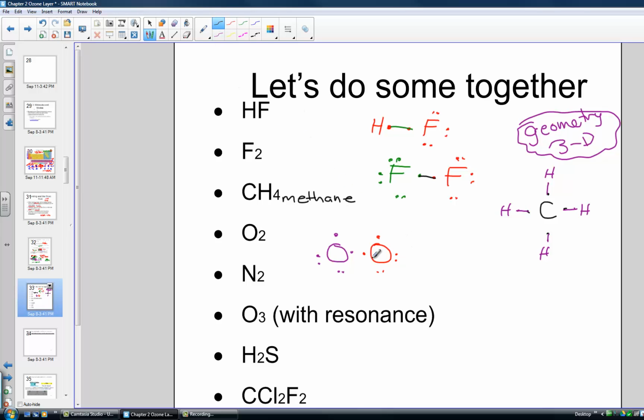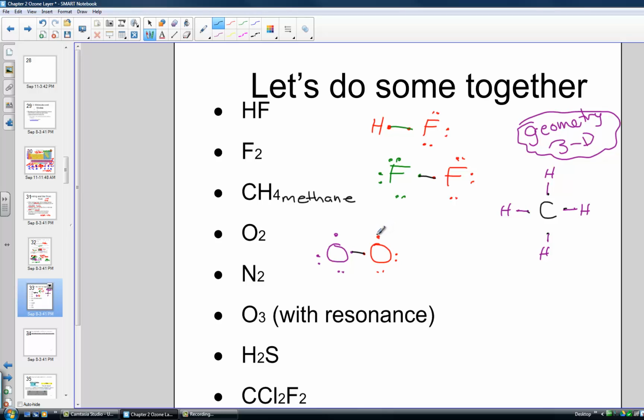I can clearly see where these two can form a single covalent bond, but I'm also getting the sense that I'm not done yet. This lonely electron and this lonely electron need to form a second bond to achieve an octet. Because right now I just have 7 electrons around each atom.